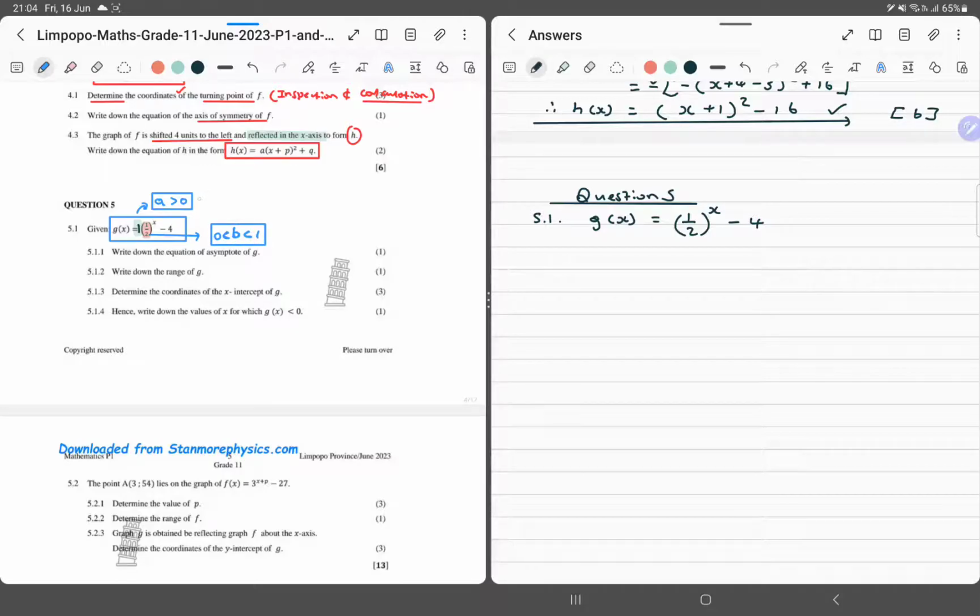Okay, now this combination simply says we are going to have a function of g looking stuff like this. Basically an a value greater than 0.